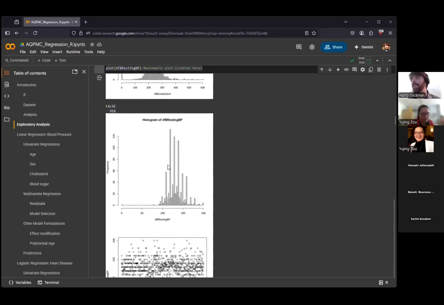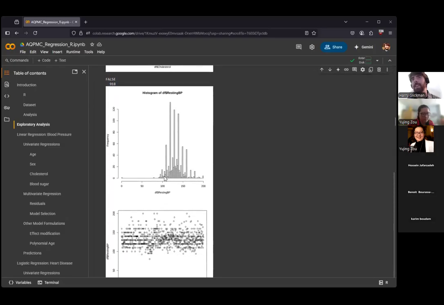These are our blood pressure values, and you can see that there's something weird going on here. What's weird is that there's these spikes every 10 millimeters of mercury, and sort of every 5 as well.